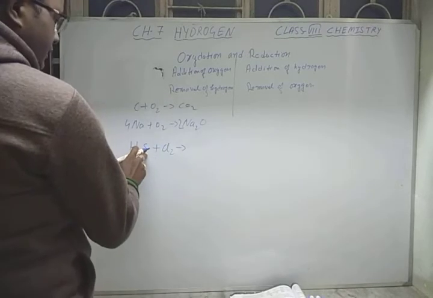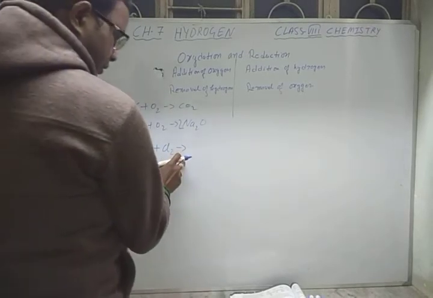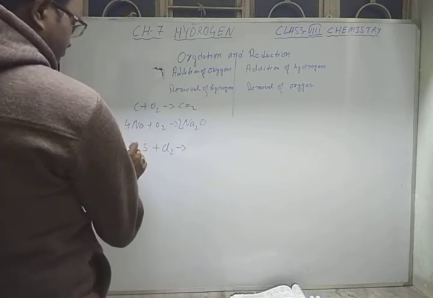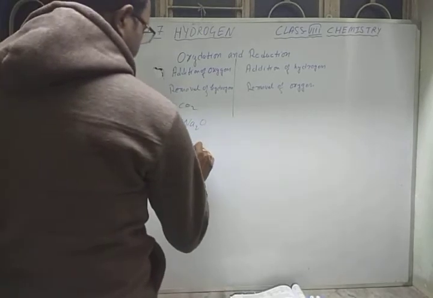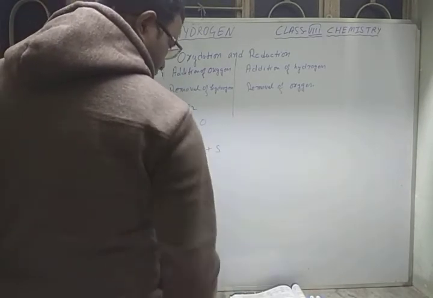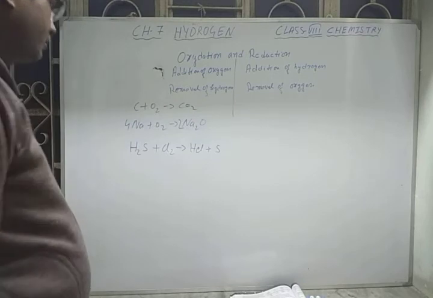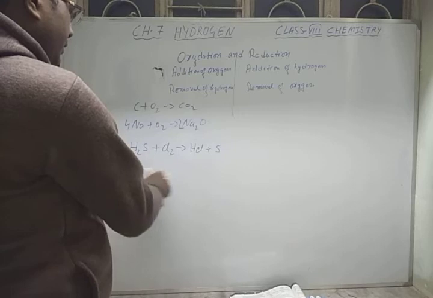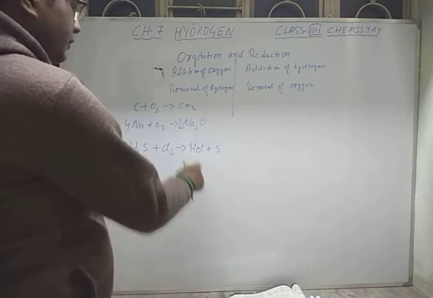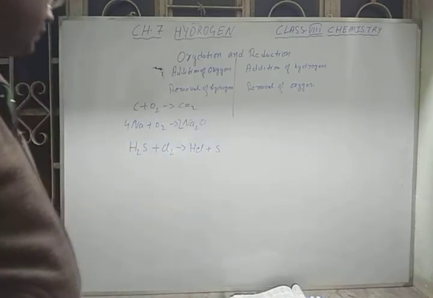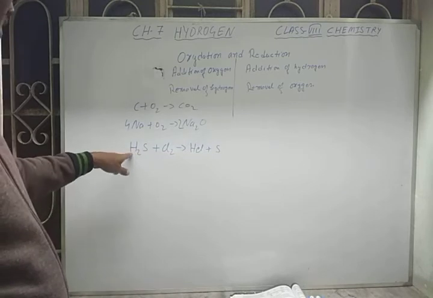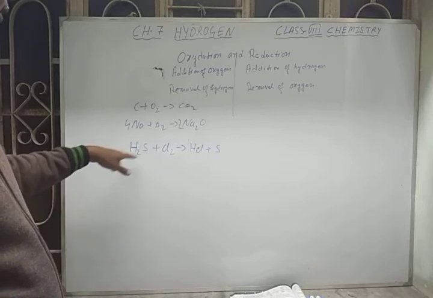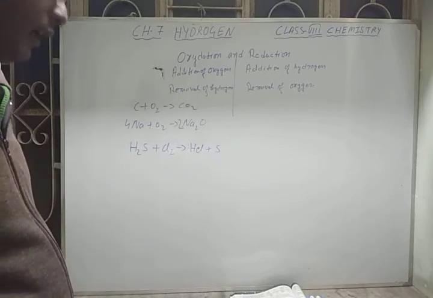Chlorine will react with hydrogen, which means hydrogen is removed from the sulfide, so it forms HCl, and sulfur is separated. Ultimately it forms hydrogen chloride and sulfur is removed. What we see here is hydrogen separated from the sulfur.